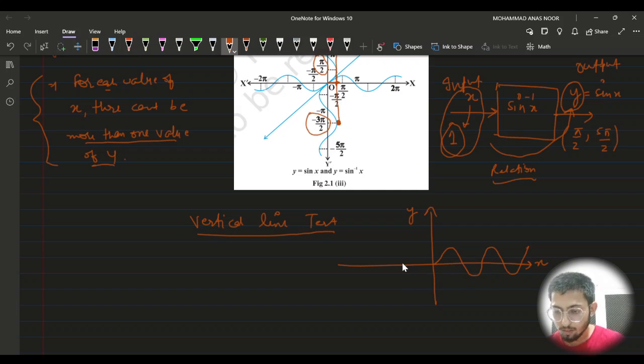To test if it is a function, we draw a vertical line at different points, and this vertical line should cut the graph at only one point. This is what is called the vertical line test.